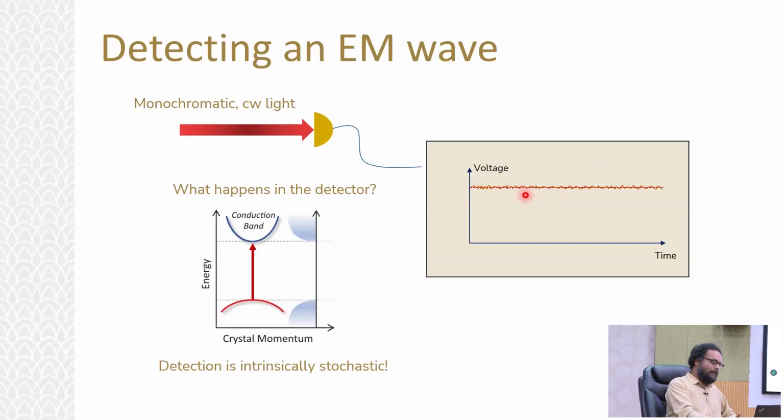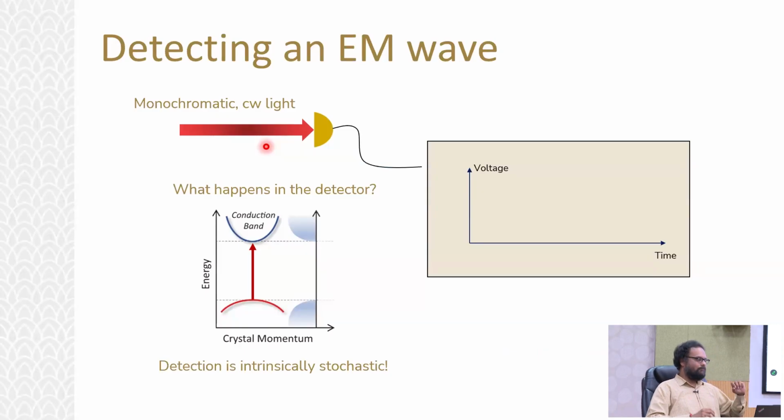Okay, cool. Now let's take a case where I reduce the intensity of light. I keep reducing the intensity of light. Let's say I have some kind of ideal detector. Now my light is not coming all the time. There is intrinsic stochasticity. Most of the time, my detector will be off.